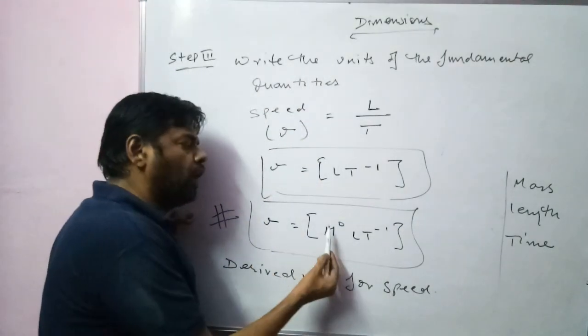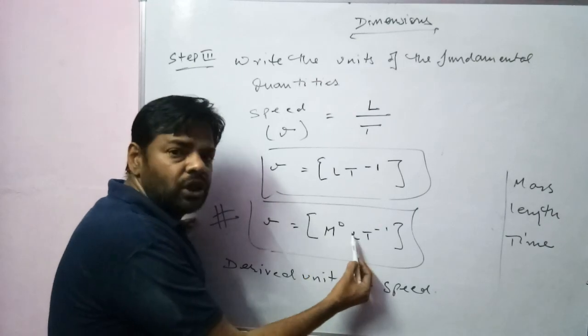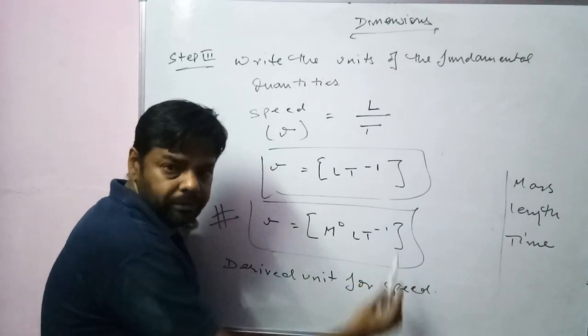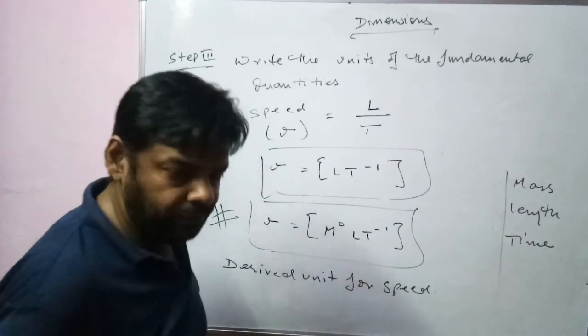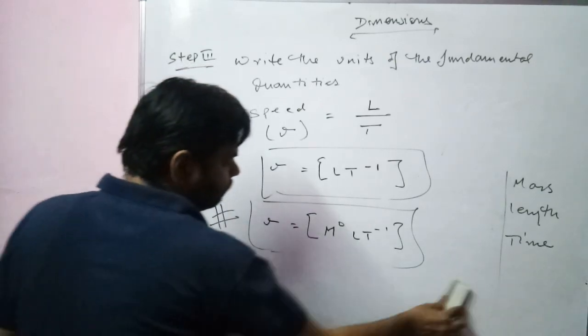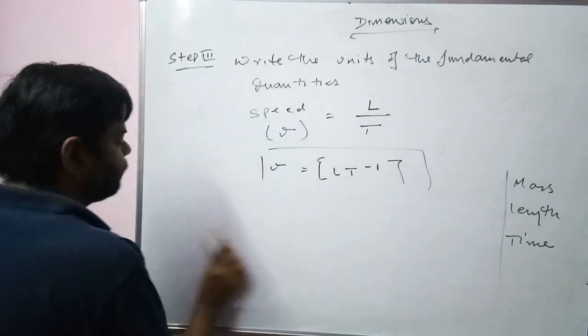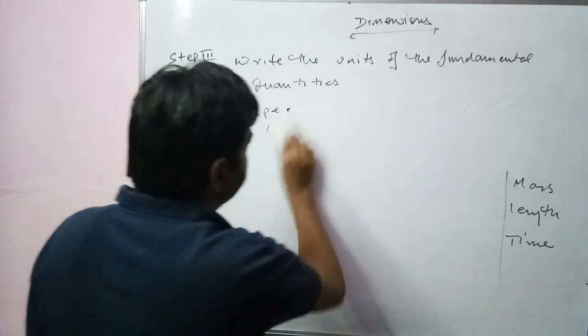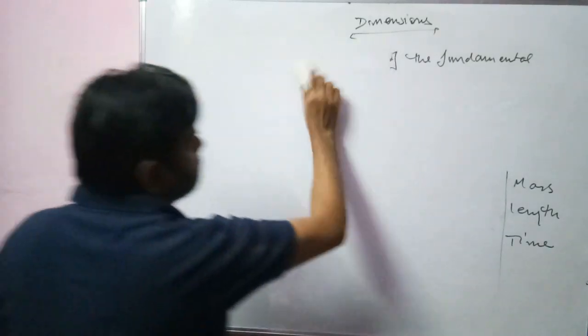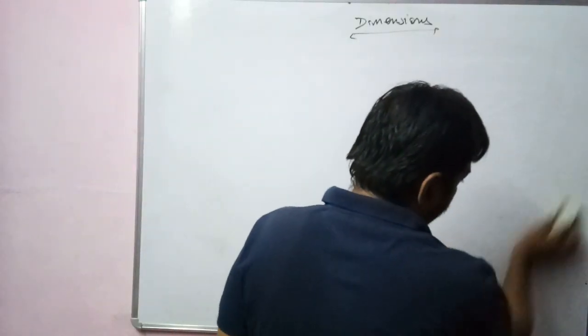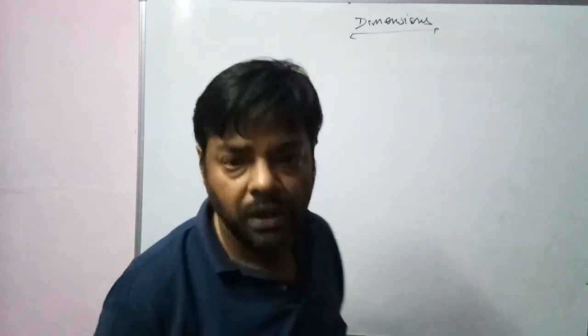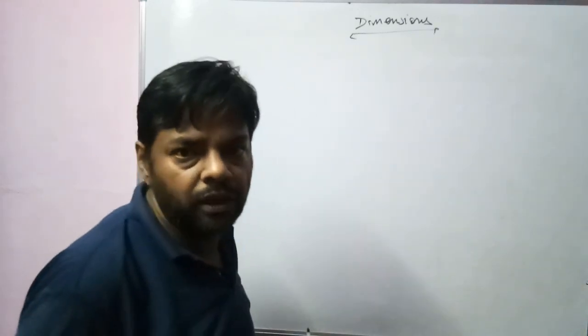Speed has 0 dimensions in mass, 1 dimension in length, and minus 1 dimension in time. Got it? So I think how to write out the derived unit of a physical quantity is clear to you. Now I am defining two terms.